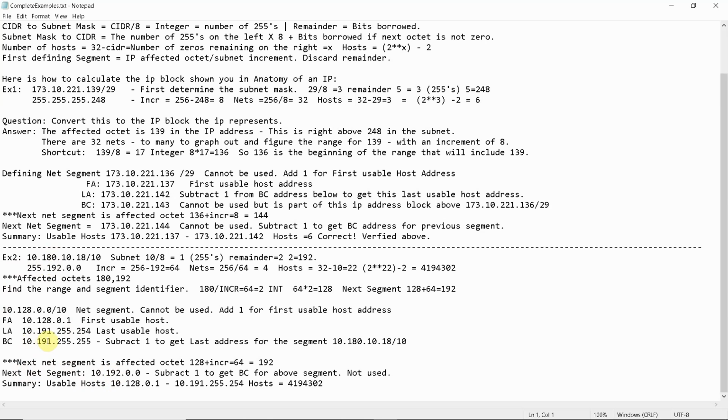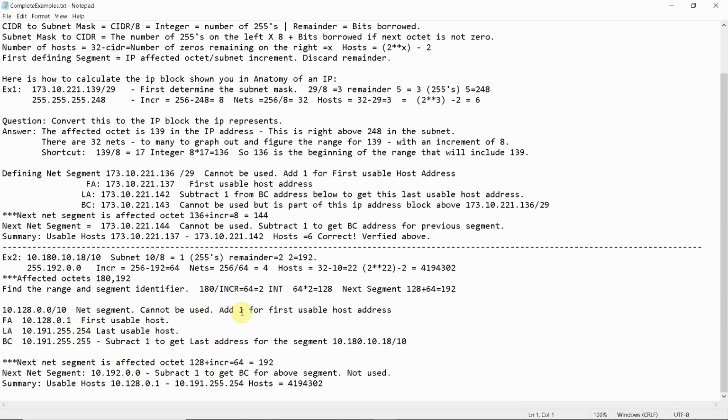We got 10.191. And the last two zeros always become 255, 255. If you have one 0, it becomes 255, but in this case, they both become that. Subtract 1 to get the last address, and that's 254.